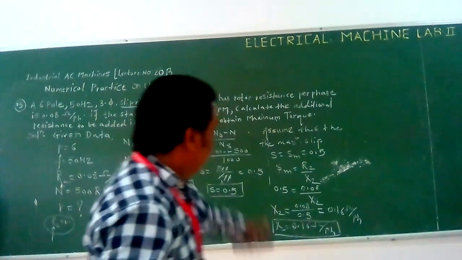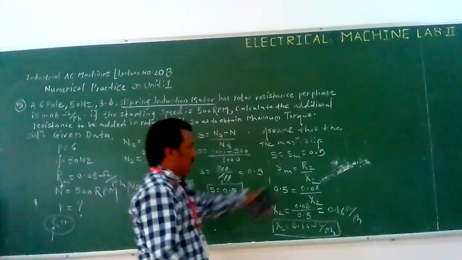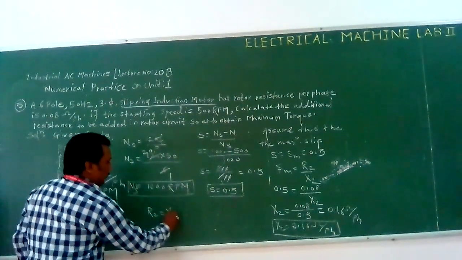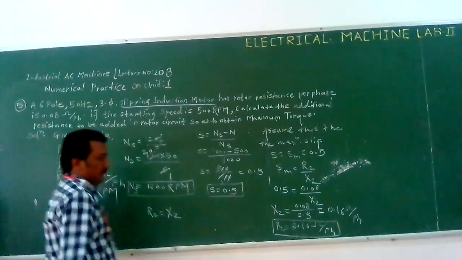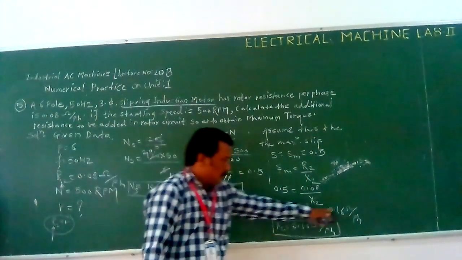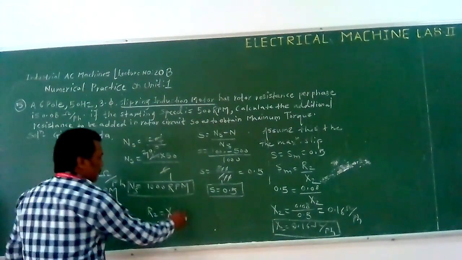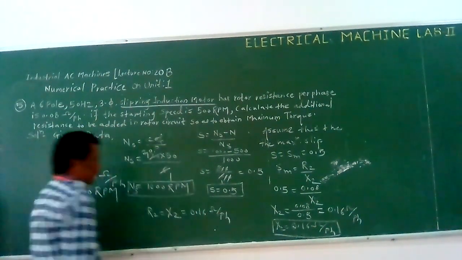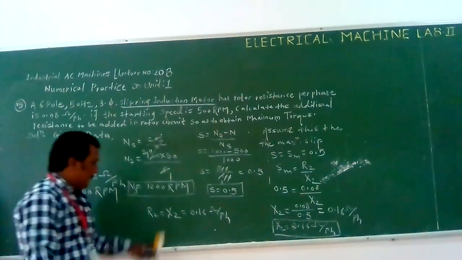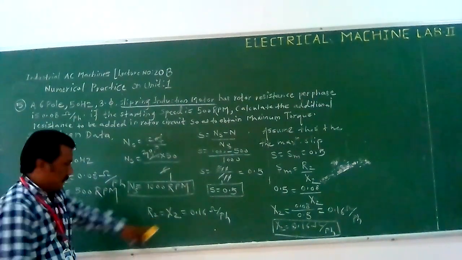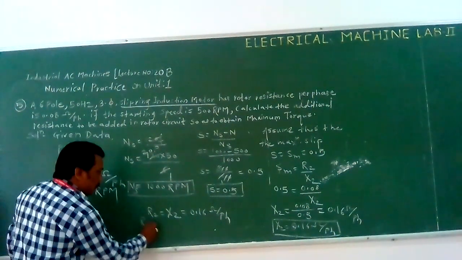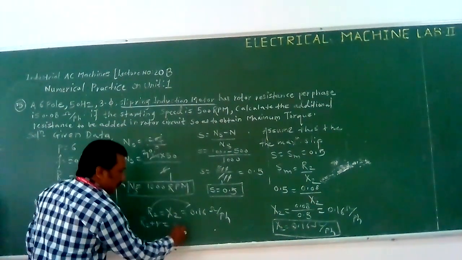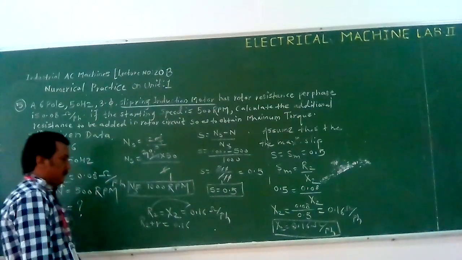We know that the condition for maximum slip is R2 equal to X2, and in this case X2 is 0.16 ohm per phase. But here we are adding resistance in the rotor circuit, so it will be R2 plus R, equal to 0.16 ohm per phase.